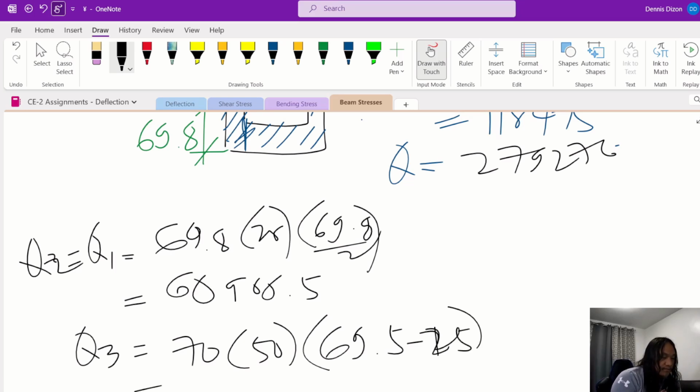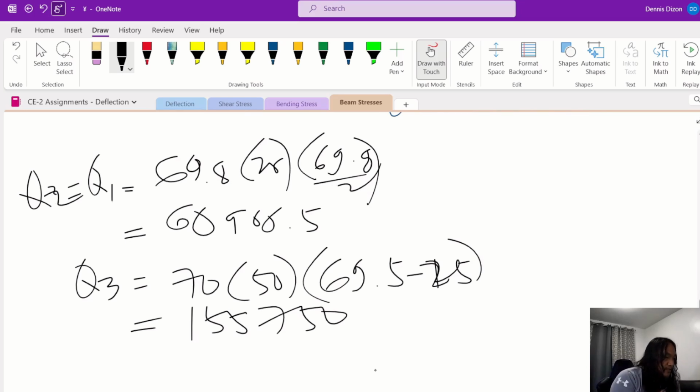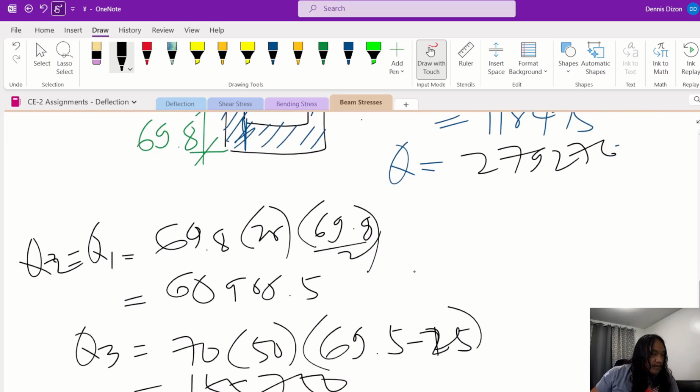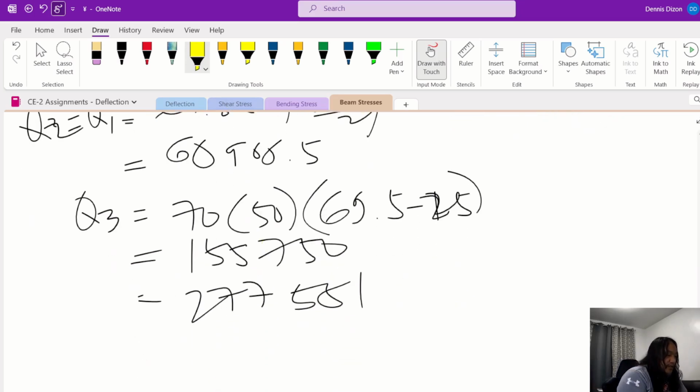So this is 155,750. The total plus 6900.5 times 2 is 277,551. What's the other one? Oh, so right here, 279, and then right here on the other one is 277.